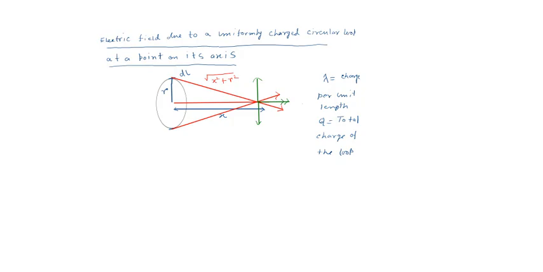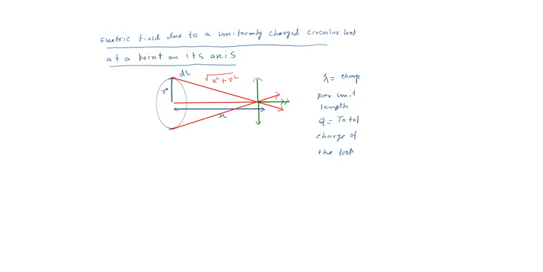So as you can see, this component and this component have equal magnitude but act in opposite directions, so they will cancel out.